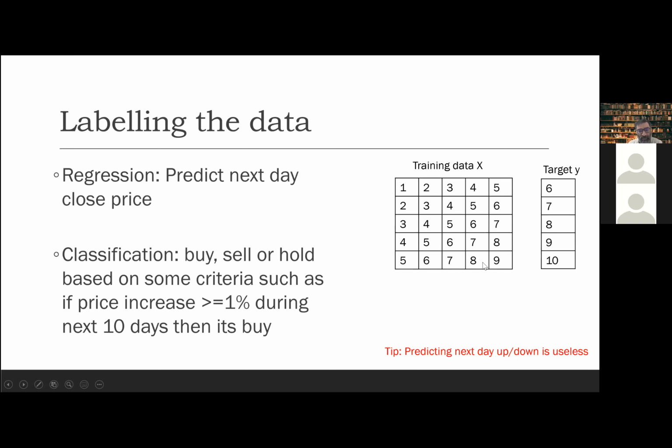If the price reduces by 10%, you label it as -1, or sell. If the price stays between these two numbers, you just hold and basically do nothing. Similarly, you can label each row based on what's happening in the next 10 days, then train and do the prediction based on that.